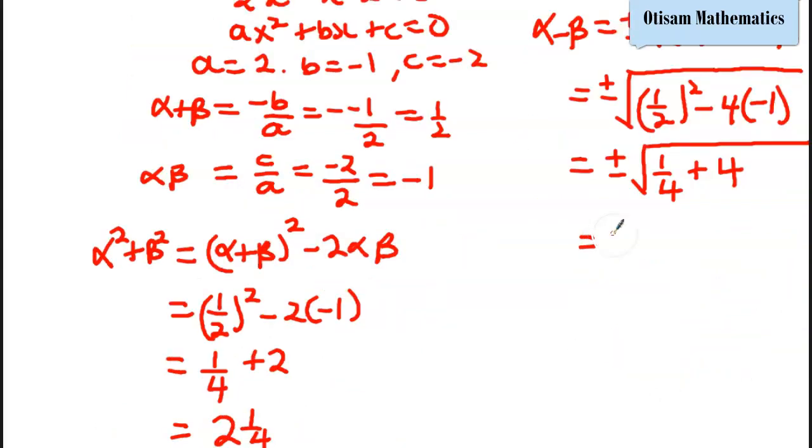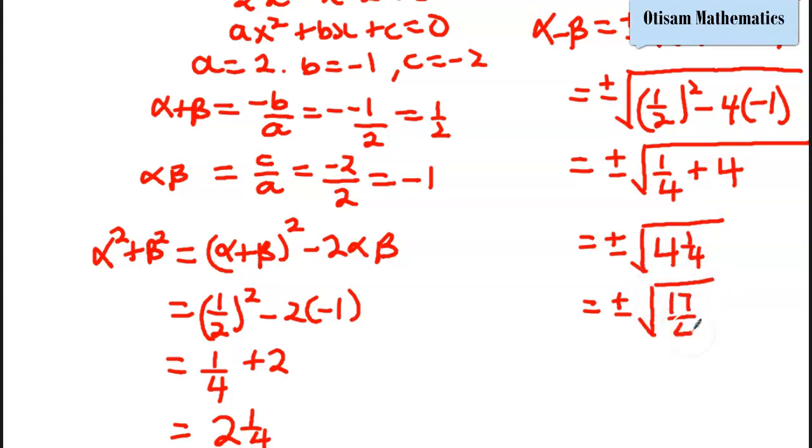So this is the same as plus or minus square root of 4 whole number 1 on 4. And if you change it to an improper fraction, you have 4 times 4, 16, plus 1, 17. So square root of 17 on 4.